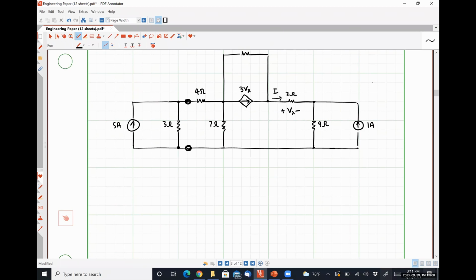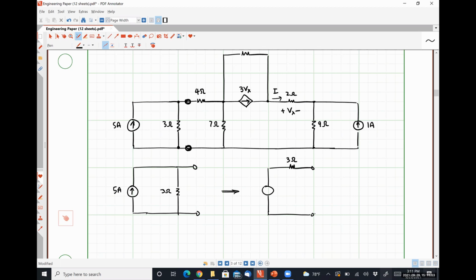So if I have a 5 amp current source in parallel with a 3 ohm resistor, its electrical equivalent will be a voltage source in series with that same 3 ohms of resistance.